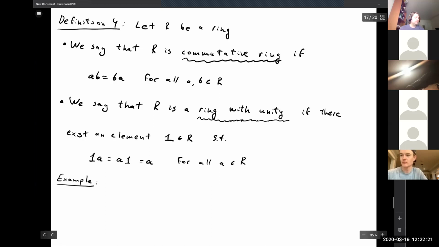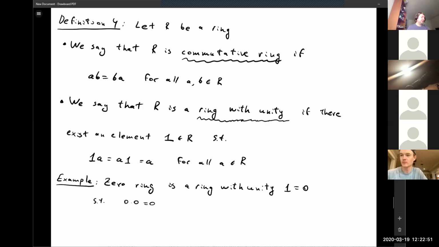For example, the zero ring is a ring with unity, because there exists this element 0 such that 0 times 0 equals 0.